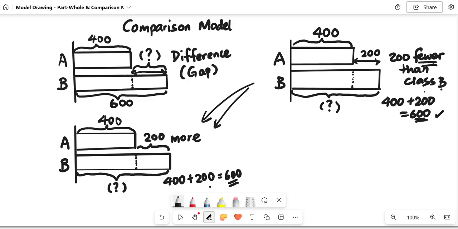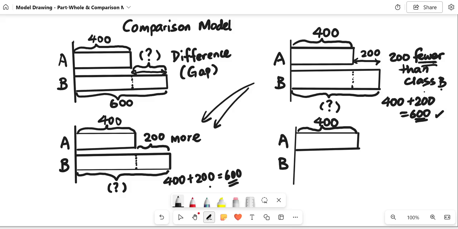Then of course, there's another scenario where you are given class A collected 400 bookmarks. And class A collected 200 bookmarks more than class B. So I repeat, class A collected 400 bookmarks.